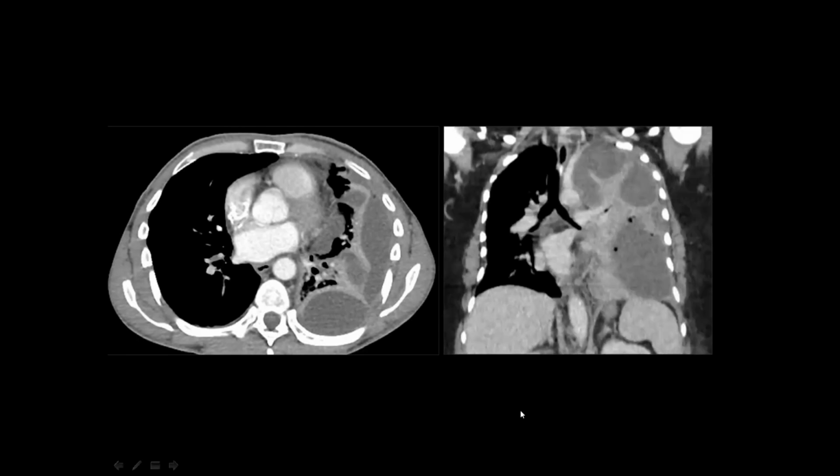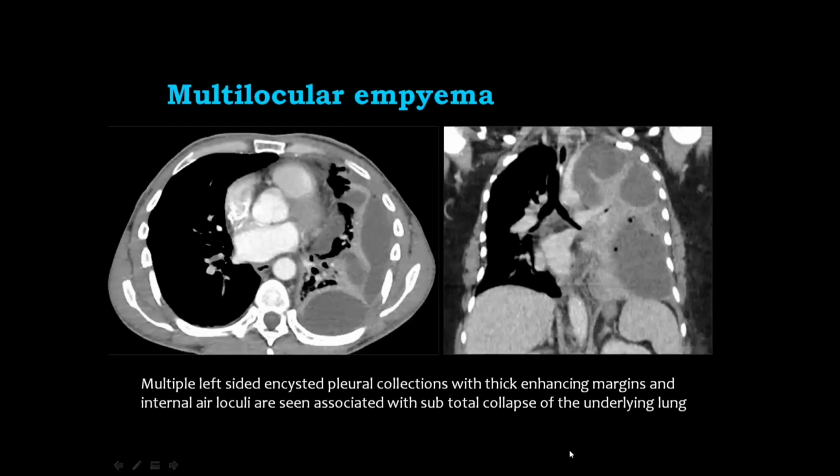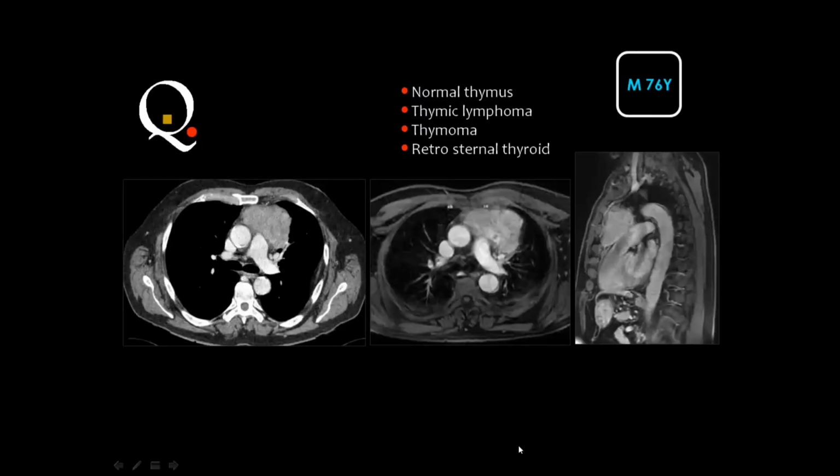This is empyema because the lesions are located in the pleural cavity. They are encysted, they have thick enhancing margins, and the underlying lung is collapsed. Then this is diagnostic of pleural infected collections, which means that you are dealing with multilocular empyema.